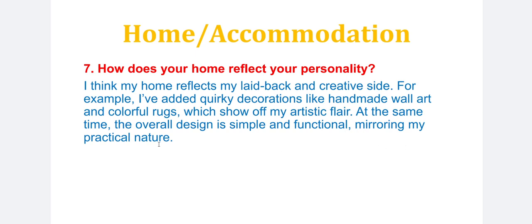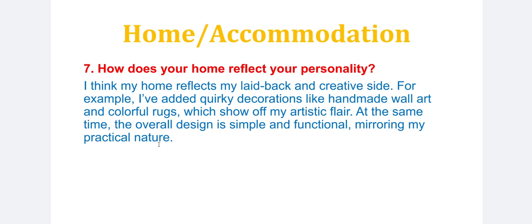Okay, my practical nature. If you want to add a lot of modern gadgets, you can say I think my home reflects my love for gadgets or electronics, because I have installed ABC things in my home.